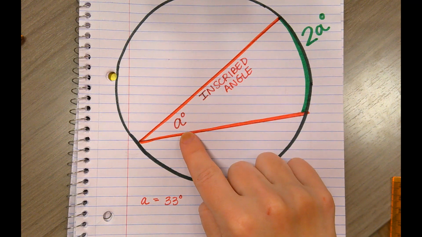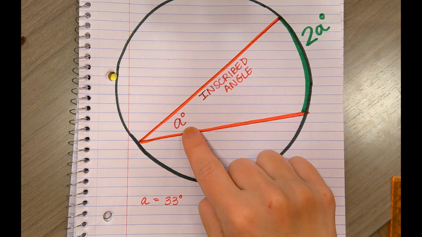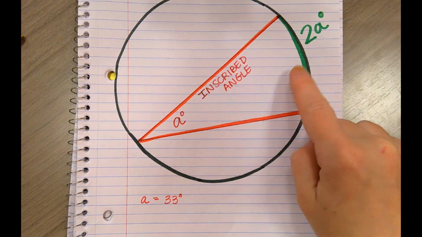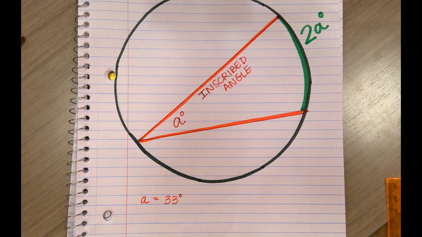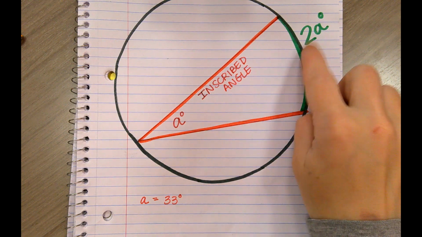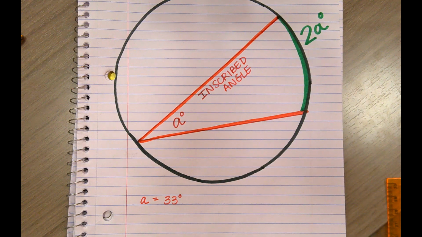My inscribed angle is 33 degrees. This length is measured in degrees as well. It's 2 times A. What would this length be? 66. Good. So that's all we do.